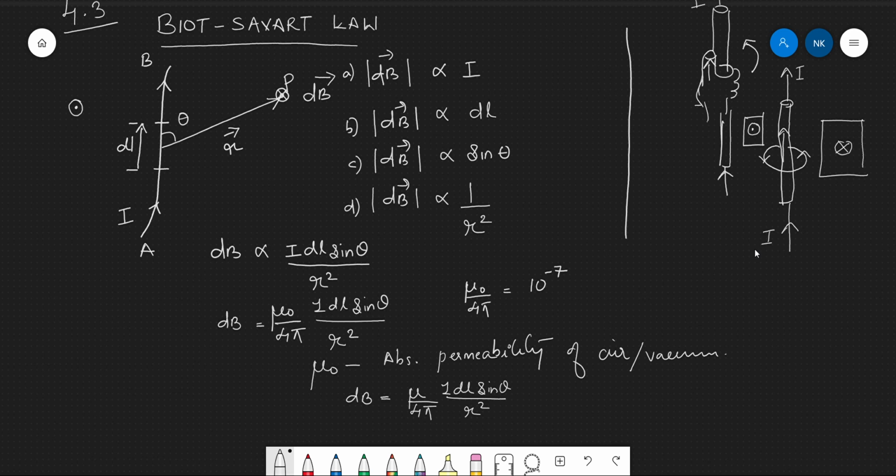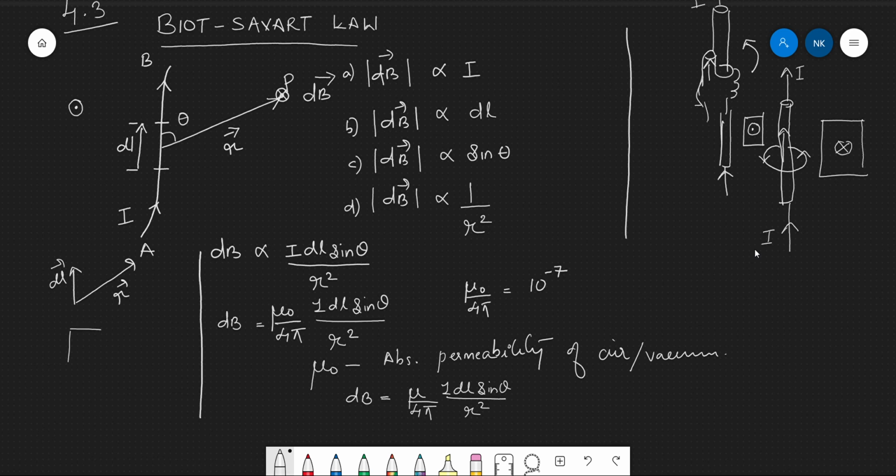If we want the vector form of the same, then here this is the dl vector and this is the r vector. You know that dl cross r will be away from you, and r cross dl is going to be towards you.